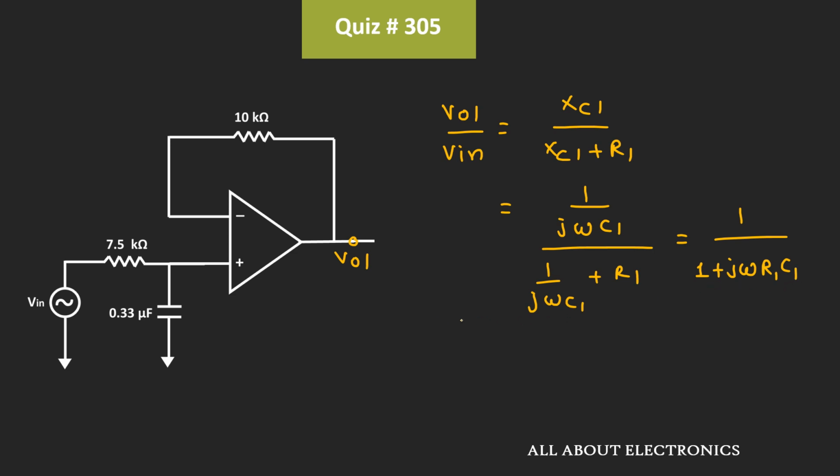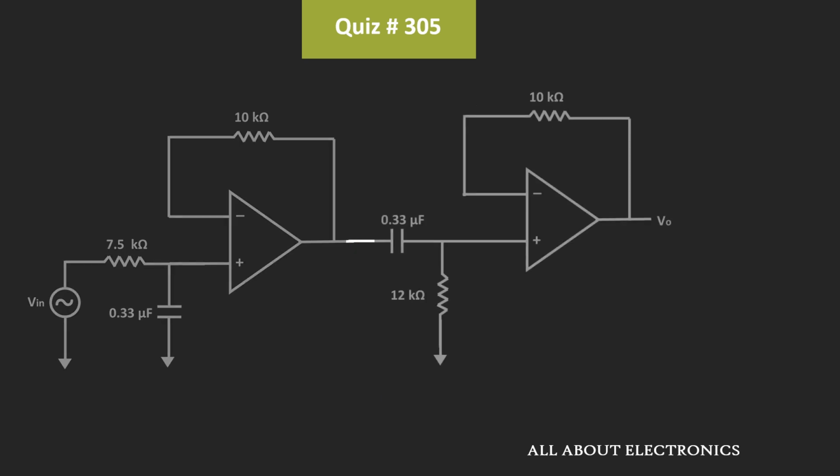So this will be the transfer function of this low pass filter. And here this R1 times C1 is equal to 7.5 kilo ohm times 0.33 microfarad, that is equal to 2.47 millisecond.